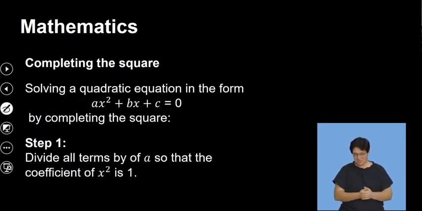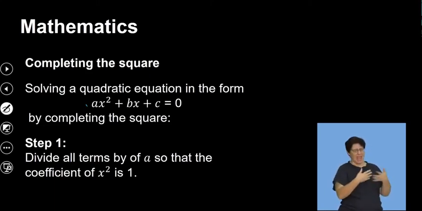Let's look at the very first step. I'm going to give you the equation ax squared plus bx plus c equals 0 because I want to make it as standard as possible, not just for a specific question, because a lot of people think it must always be just x squared plus 2x plus 3. No, it can be general.